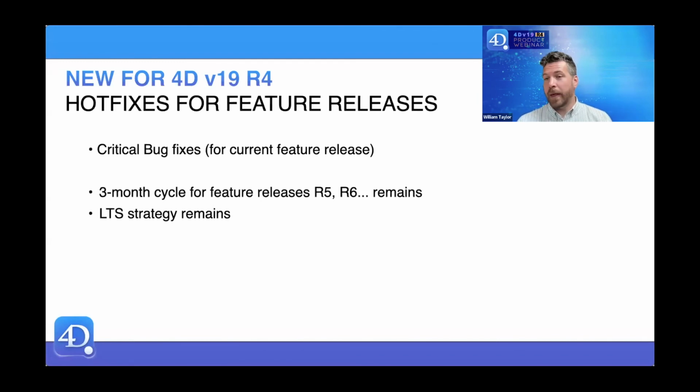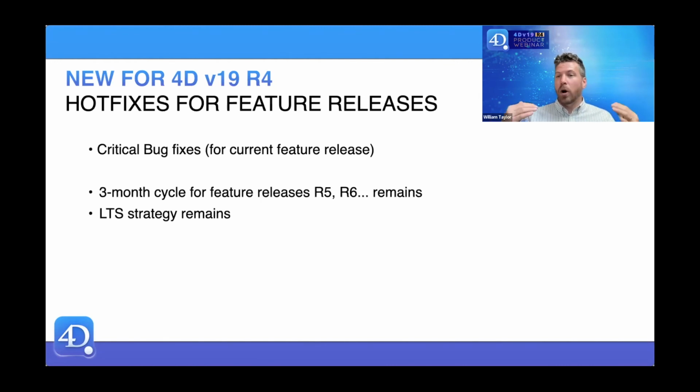Well, that excuse is no longer valid because starting from 4D v19 R4, there will be hotfixes for the feature releases as well. So this should allow 4D developers to deliver to their customers faster and increase the adoption rate of the feature release even more.